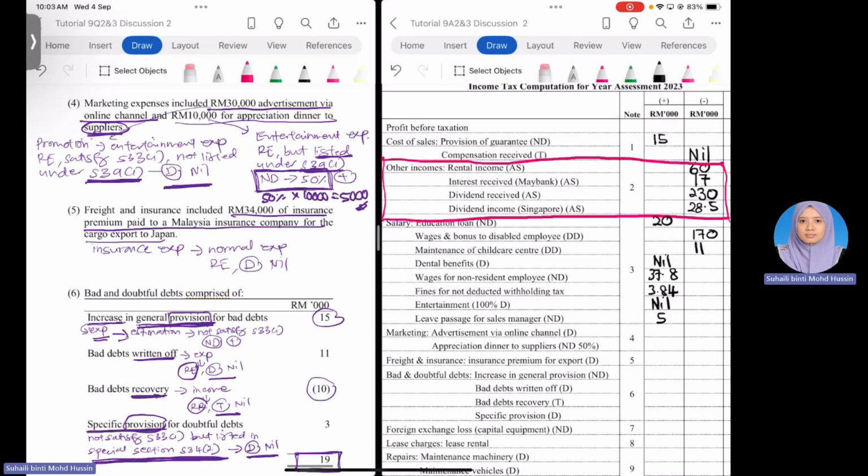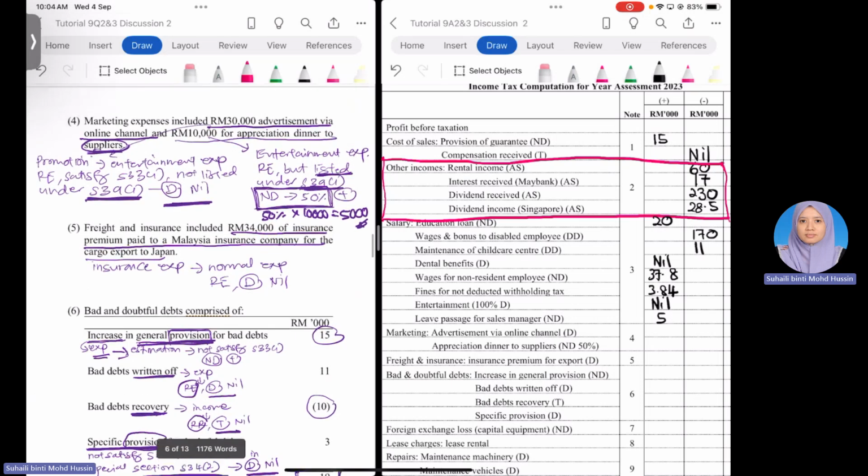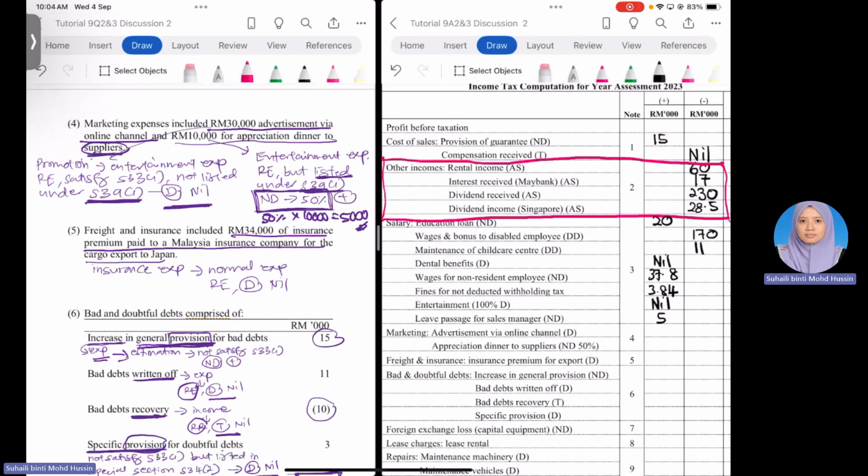The company spent 30,000 ringgit for the advertisement via online channel and 10,000 ringgit for appreciation dinner to the suppliers. They already deducted this amount in the SOCI, but since it's listed under the notes to the account, we have to check whether it is allowed for deduction or not.